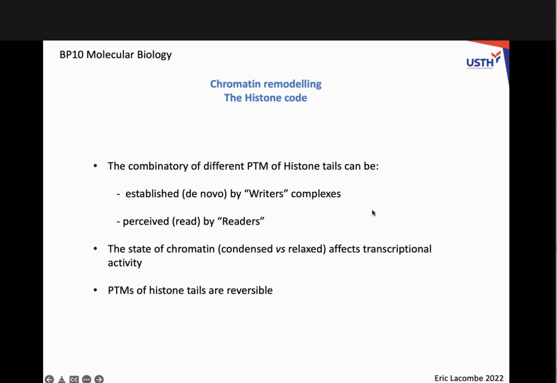We're going to talk a little bit about that. This is very conceptual. So we have proteins that modify the histone tail and proteins that respond to the modification of the histone tails.